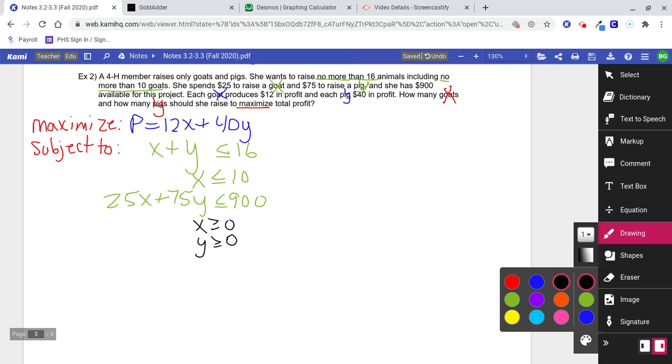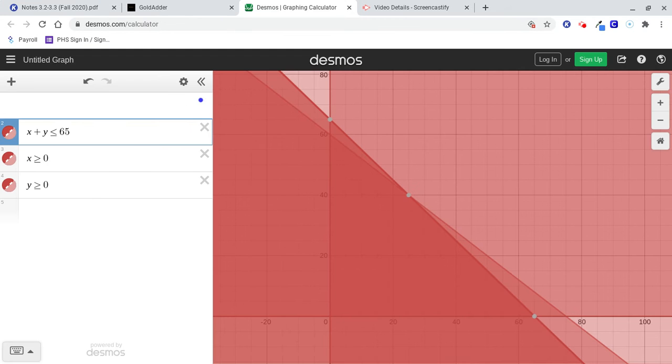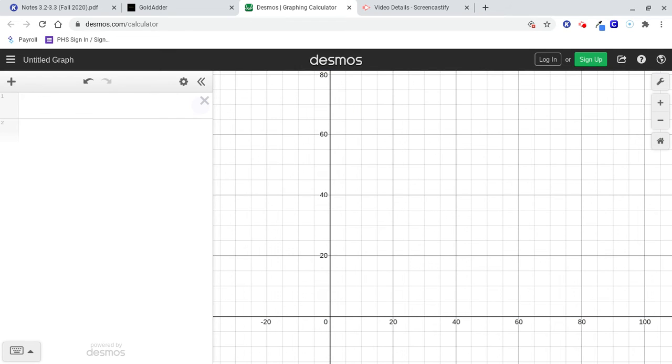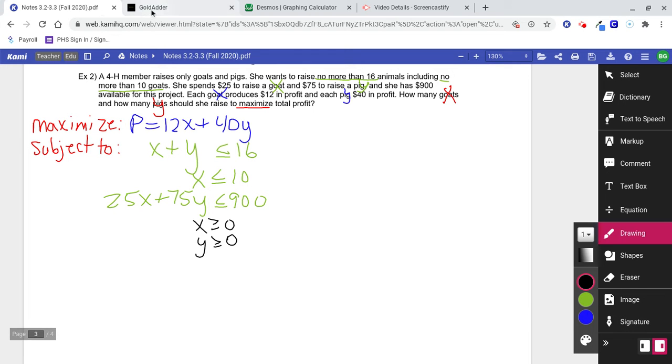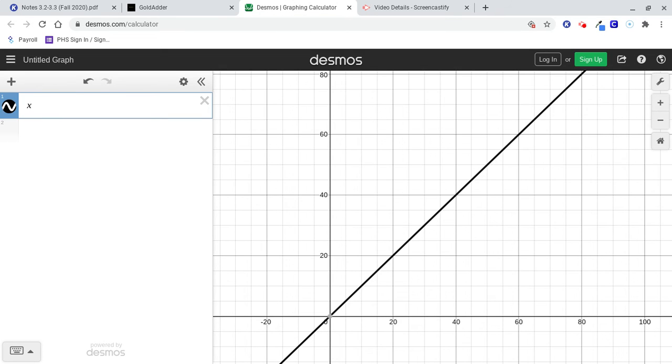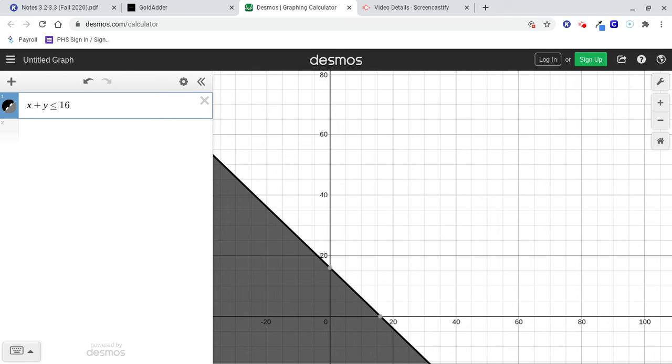So let's go back to Desmos. Okay. X plus Y is less than or equal 16.